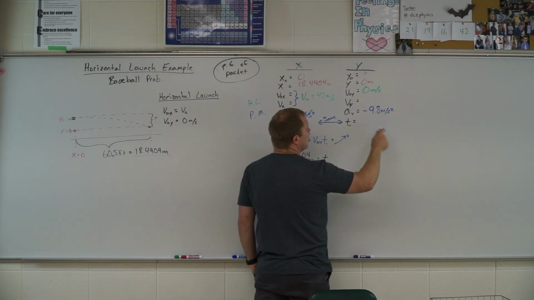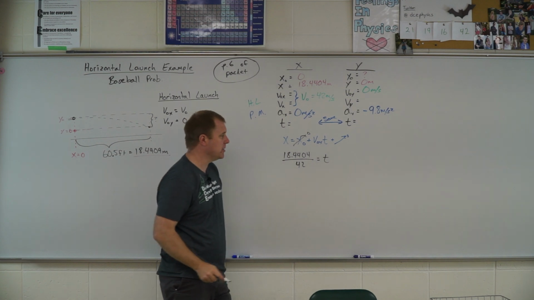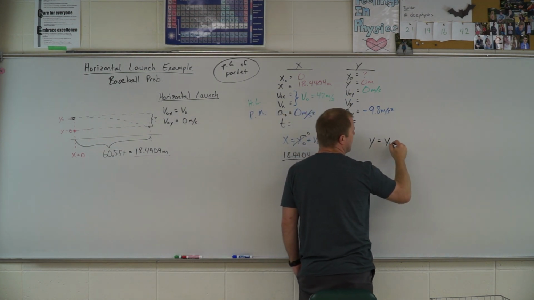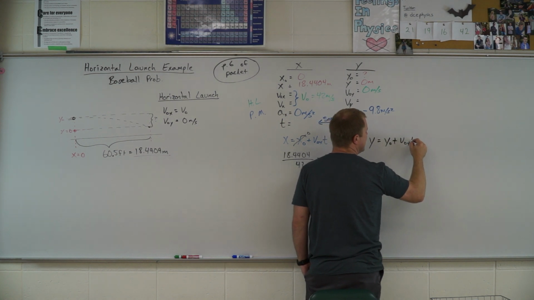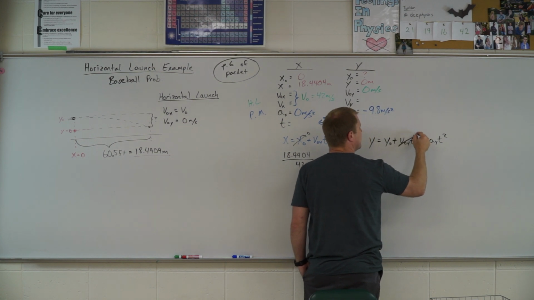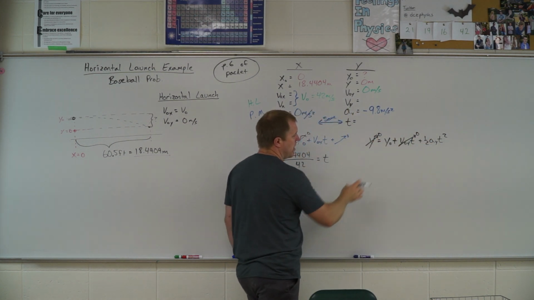I'm then going to plug it into the Y direction. I want to pick an equation without V final. So I get Y is equal to Y naught plus V naught Y T plus 1/2 A Y T squared. Cross out anything that's 0, and we're solving for our Y naught value here.